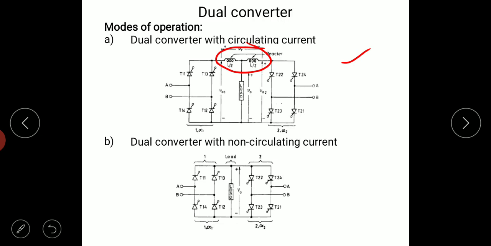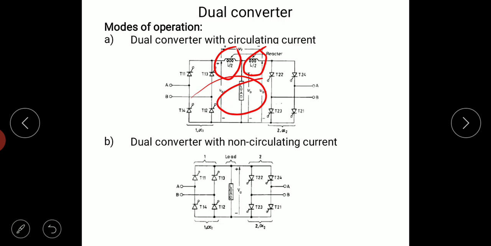And the load is connected at the midpoint of the reactor, so that the voltage due to the reactance on this side and the voltage due to reactance on this side cancel each other and have no effect at the load side. The V0 voltage will not be affected by the potential difference across the reactor, because half of the reactor is connected on the left side and half of the reactor is connected on the right side.